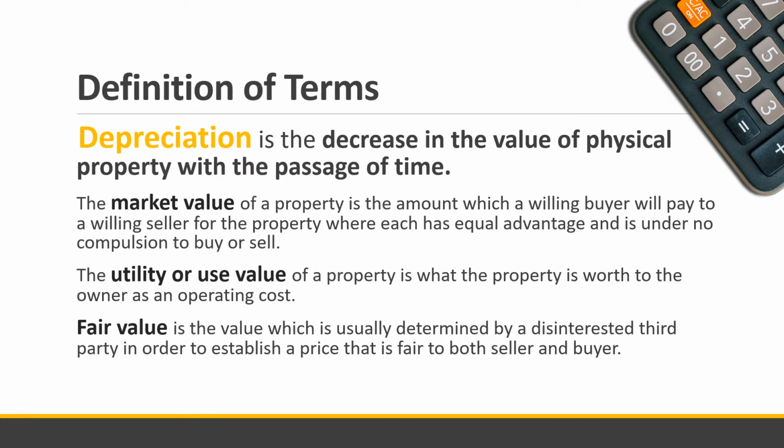Next is the utility or use value of a property, which is what the property is worth to the owner as an operating cost. Then fair value is the value usually determined by a disinterested third party in order to establish a price that is fair for both seller and buyer.